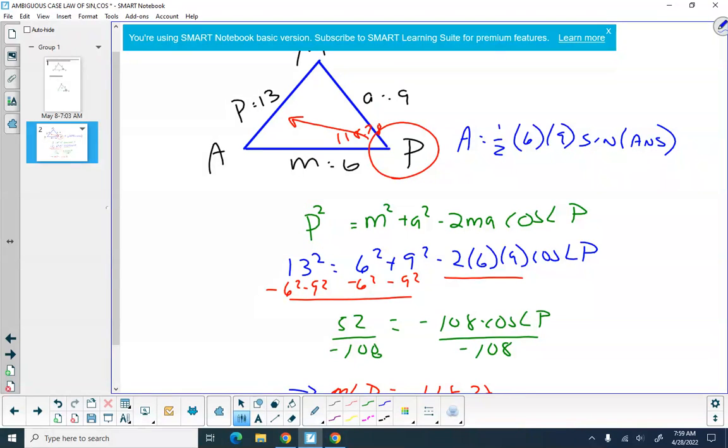On the next line, you can take 0.5 times 6 times 9 times the sine of second and your negative sign. That pulls your answer down from the previous line. Once again, KYC, know your calculator. Jacob, what do you get for area? 23.66.